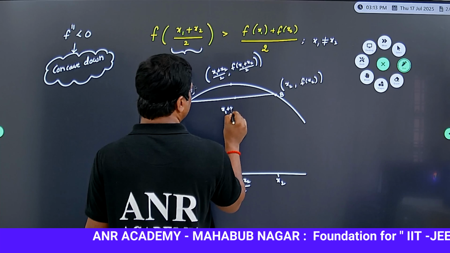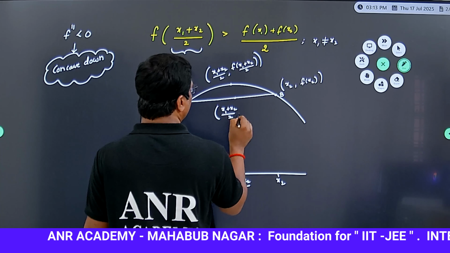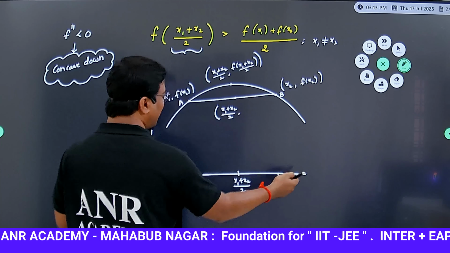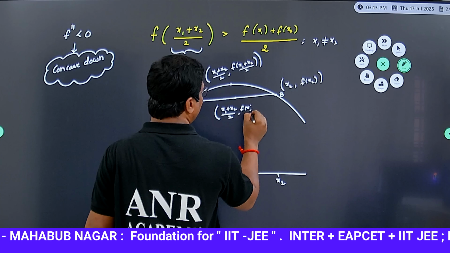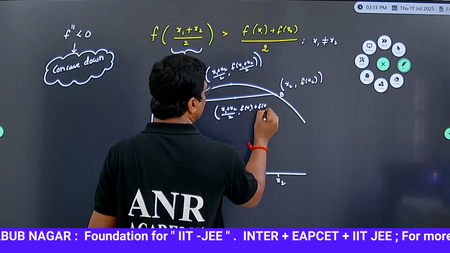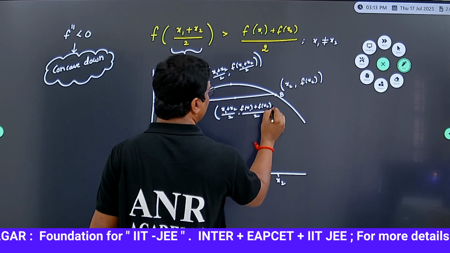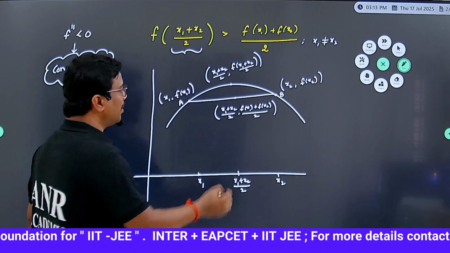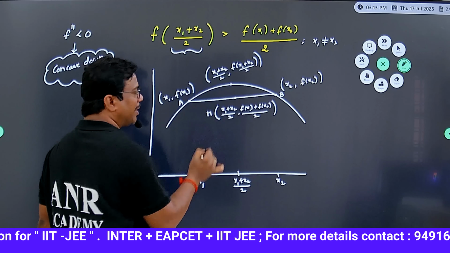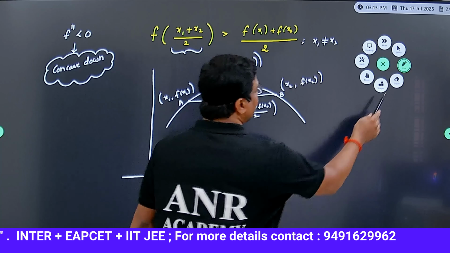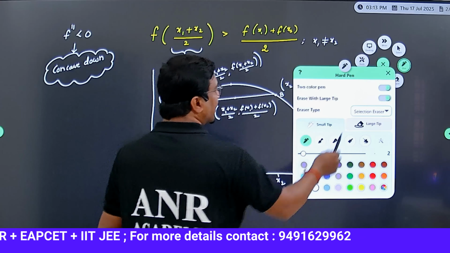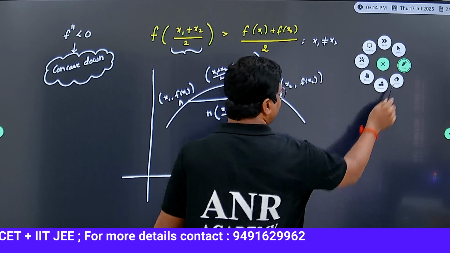The formula is (x1 plus x2) by 2, (y1 plus y2) by 2. y1 is nothing but the corresponding heights, so that here it is (f of x1 plus f of x2) whole divided by 2. These are the coordinates of the middle point of AB. And now observe the height of the point M.